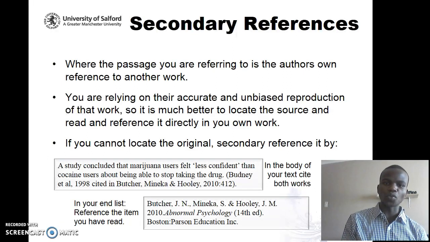That's what we're talking about when we are talking about secondary referencing. You are relying on their accurate and unbiased reading of that work. So it's much better to locate the source, read it and reference it directly in your own work.